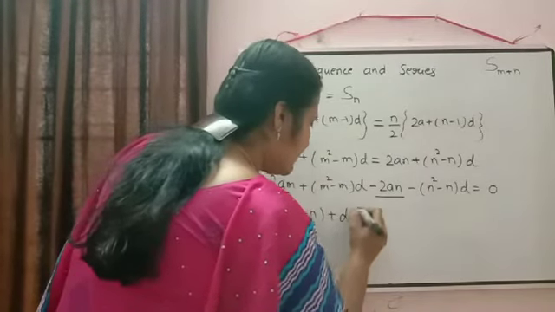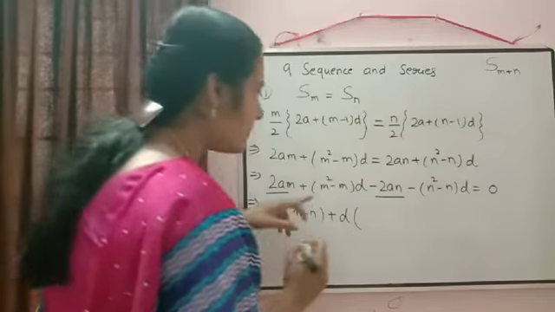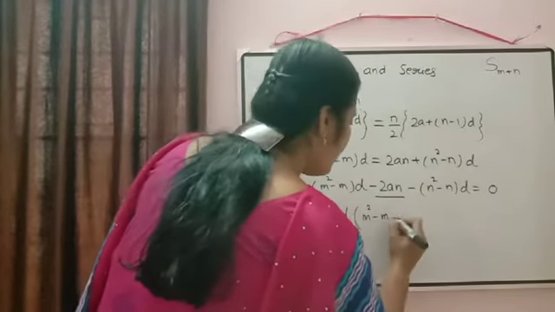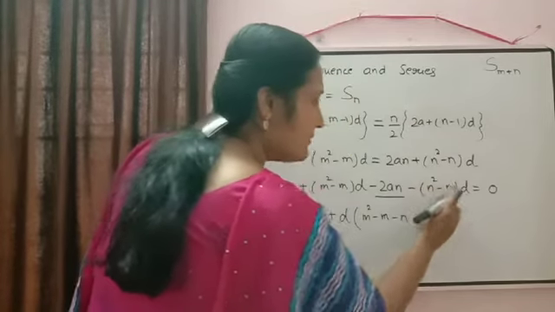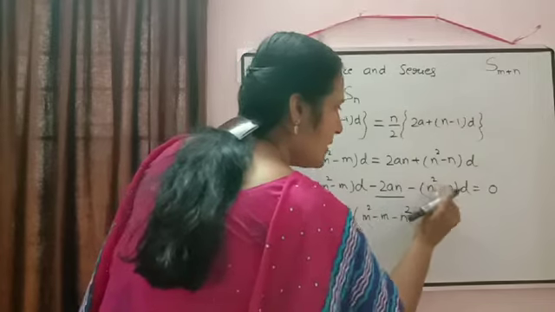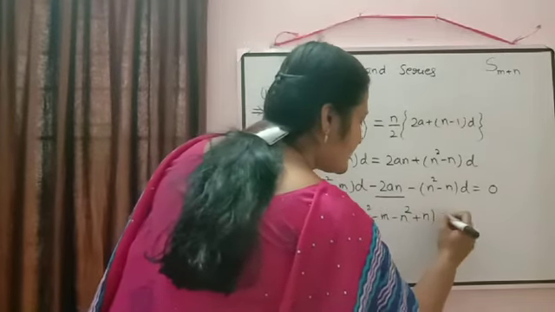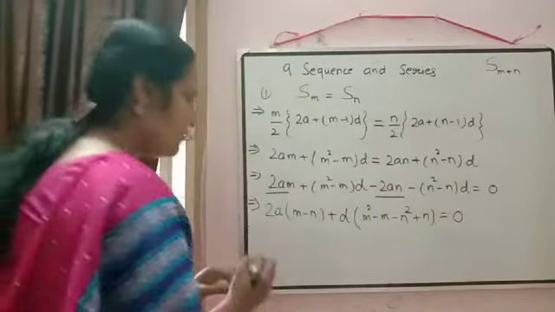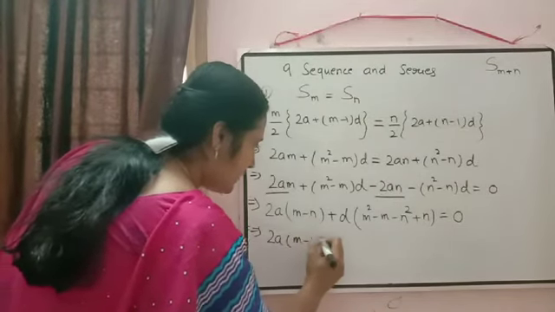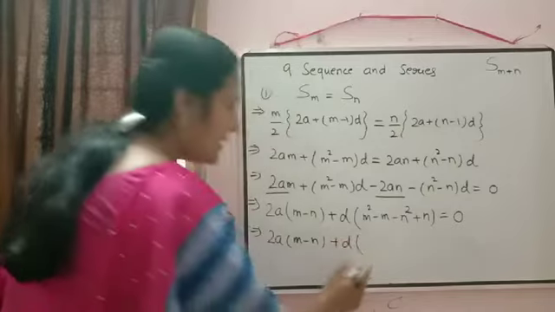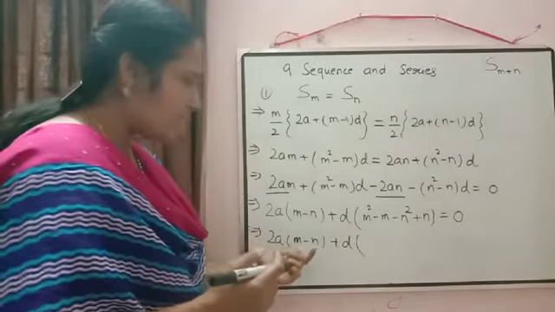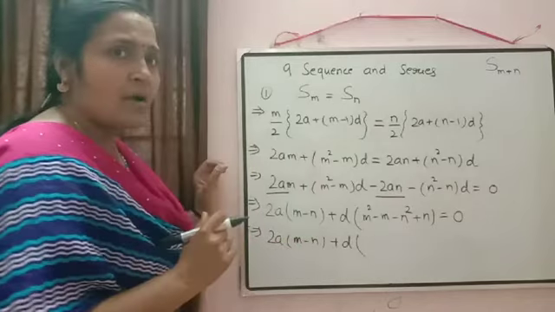Now from the remaining two terms, what is the common factor? Yes, d taken outside. Inside the bracket what will remain? m square minus m. This minus sign will get multiplied inside, then we will get minus n square plus n equal to 0. Now 2a into (m minus n) we will write down as it is, plus d into, here also we can check how we can arrange so that we get m minus n as a common factor.